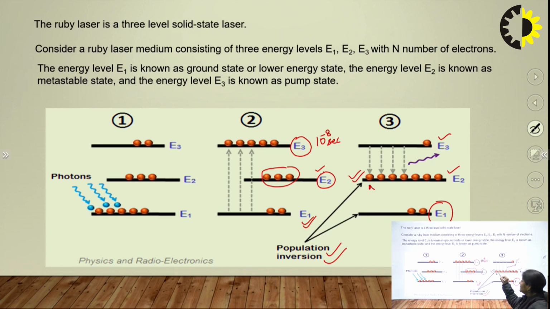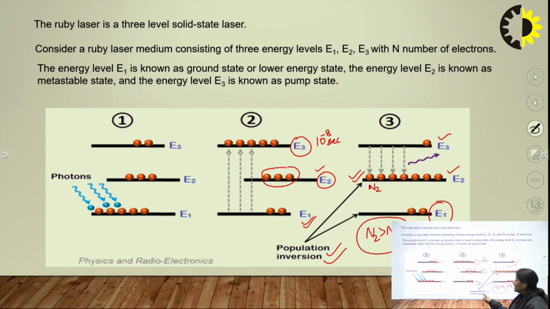Suppose the number of atoms in the E2 energy level is denoted by N2 and the number of atoms in the E1 energy level is denoted by N1. In this case, we find that N2 is greater than N1, which is different from the normal case. That is why this situation is termed population inversion. The population is inversed: a higher energy level has a large number of atoms.